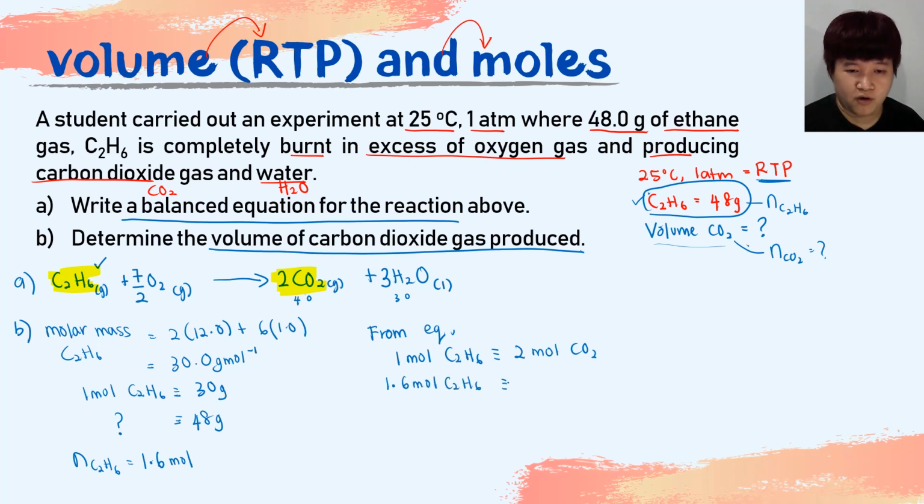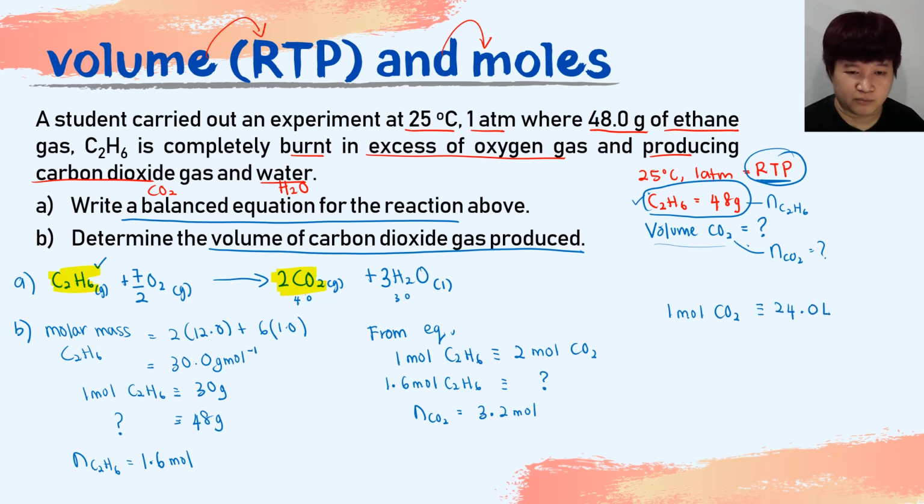And therefore, how many mole of carbon dioxide? Obviously, number of mole of carbon dioxide calculated will be 3.2 mole. But that is only the number of mole. Question asking for volume. So we know that 1 mole of any gas at RTP is equals to 24 liter.